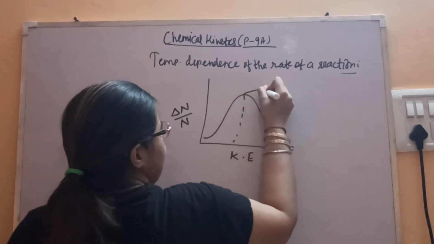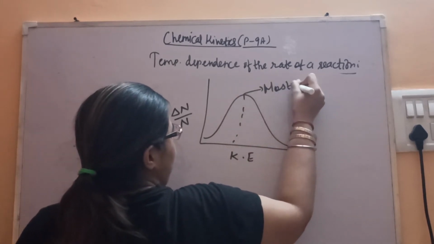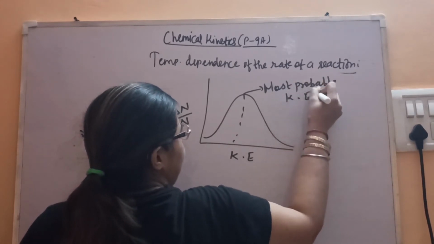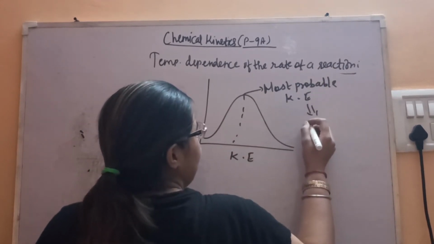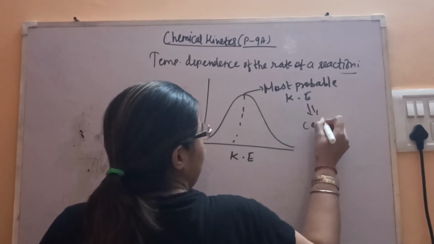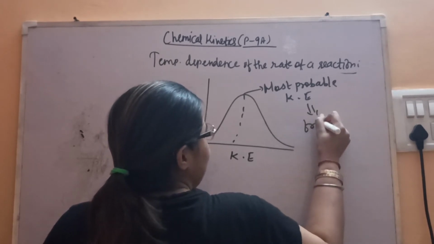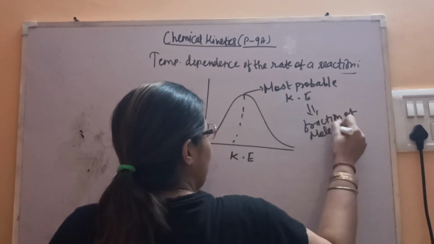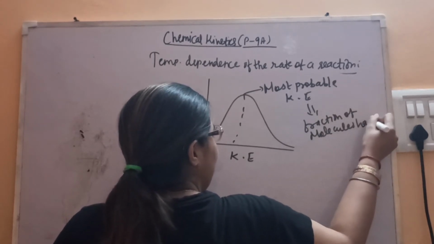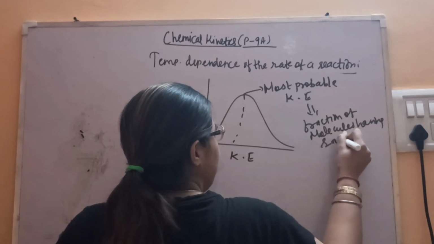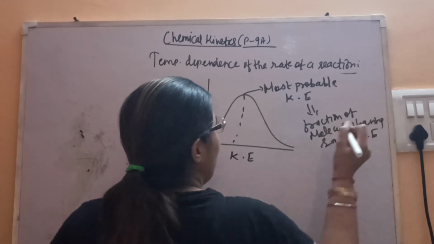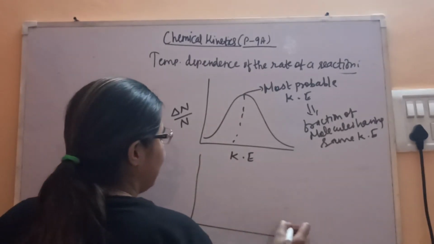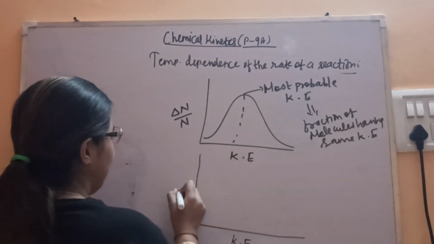And this represents the most probable kinetic energy, that is, the fraction of molecules having same KE is most probable. Fine. Now when we increase the temperature, let's consider the same graph at two different temperatures.